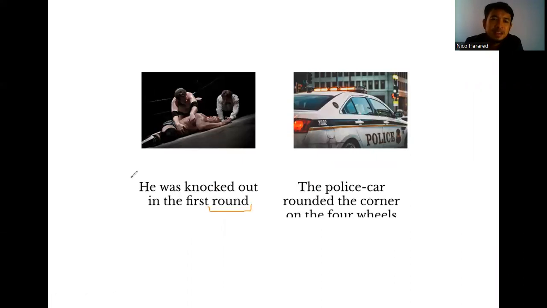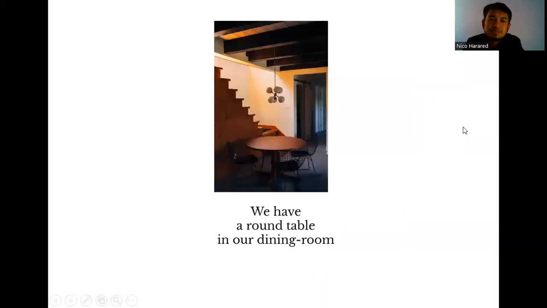Look at this. He was knocked out in the first round. What part of speech is it? The police car rounded the corner on two wheels. Rounded, what part of speech is it? Next, we have a round table in our dining room.